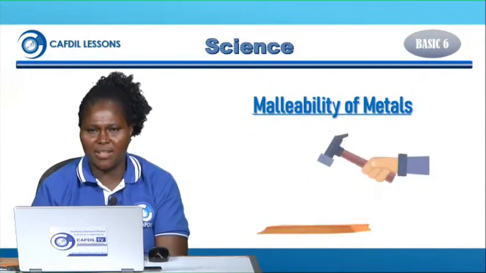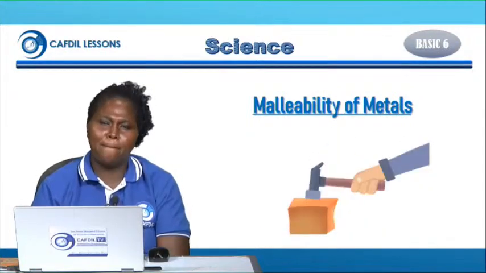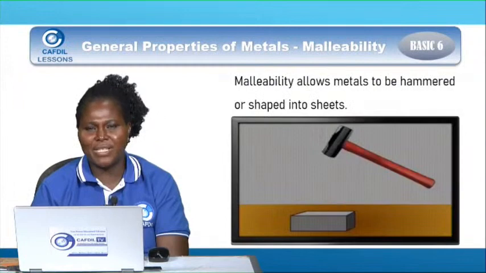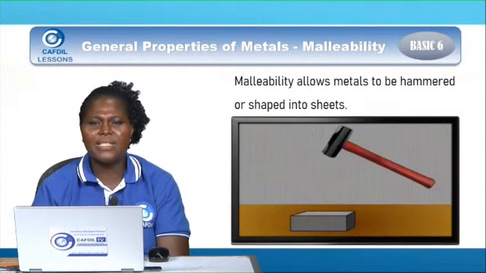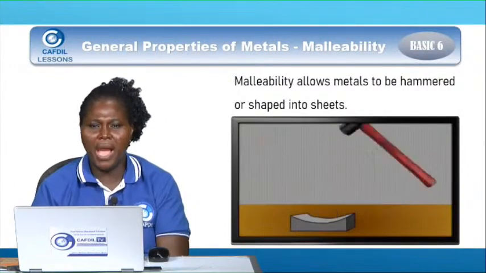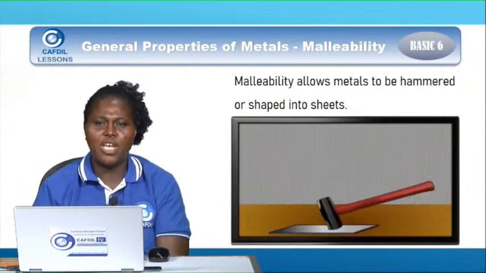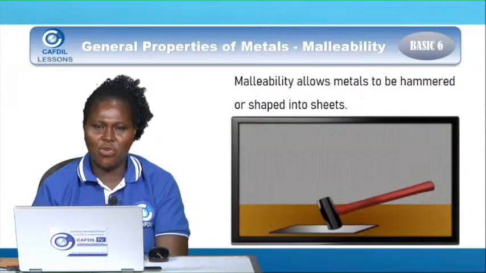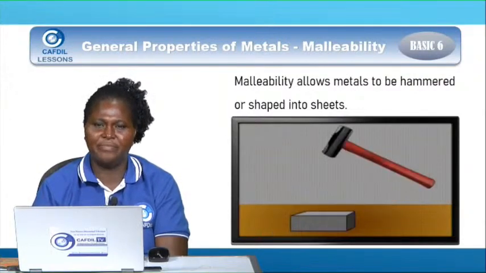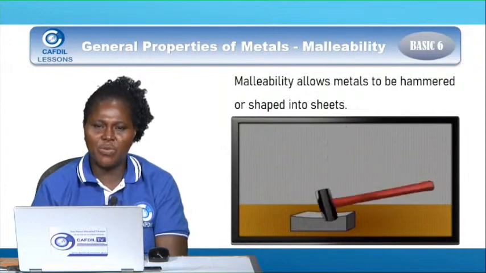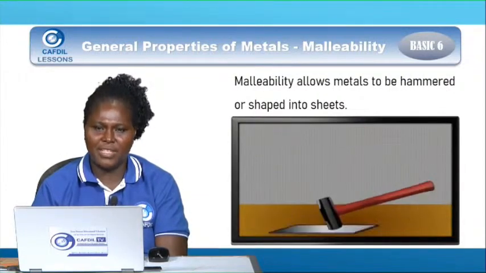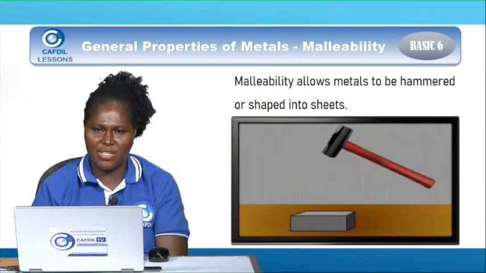Good. Now another property is malleability. What do we mean by malleability of metals? Malleability allows metals to be hammered or shaped into sheets. Look at the video on our screen. Yes, it has been hammered to form a sheet.